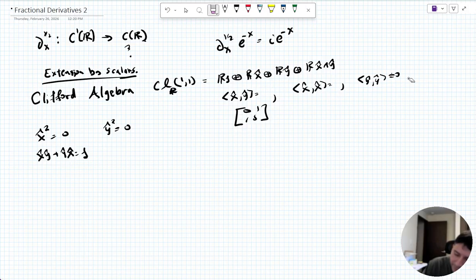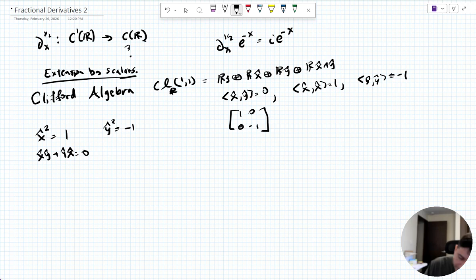So let's say the metric should be 1, 0, minus 1, right? So xy equals 0, xx equals 1, yy equals minus 1, right? So this means that this should be 1 and this should be minus 1, right? And xy plus yx should be 0, right?